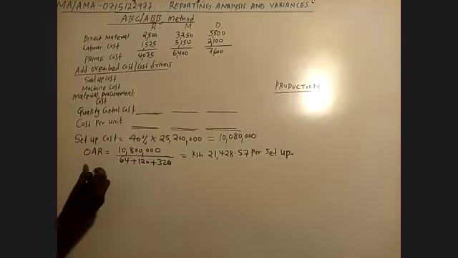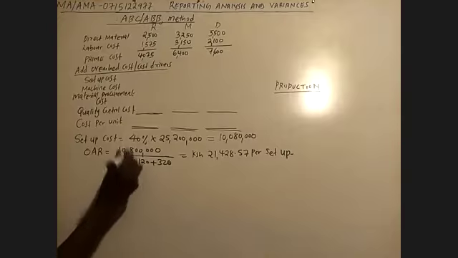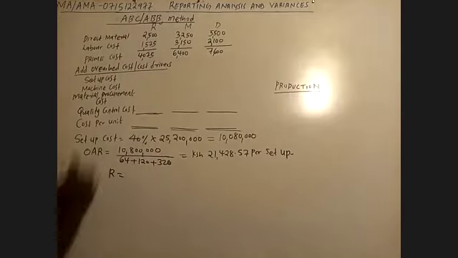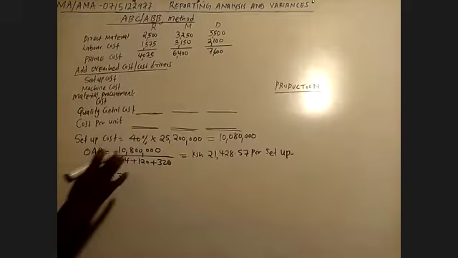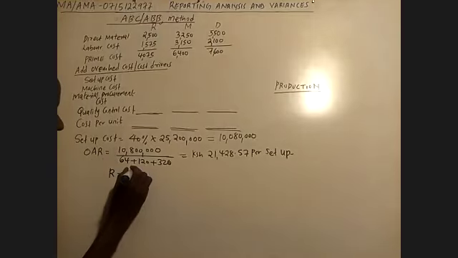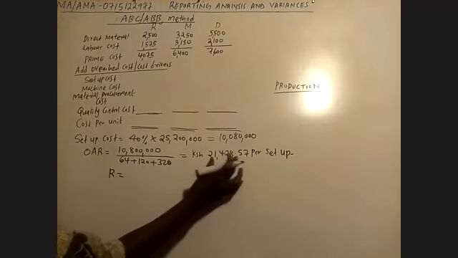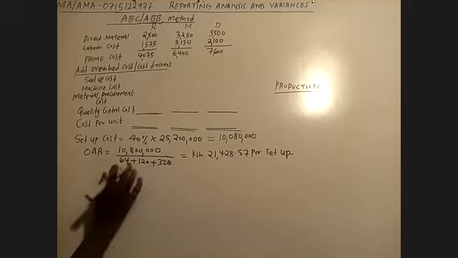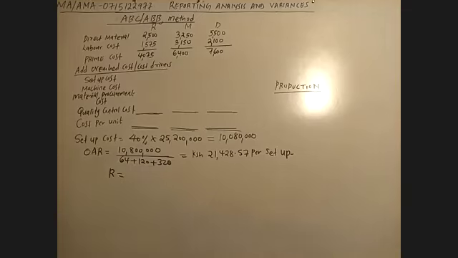Now let us find for R. And remember, we are supposed to put the information here per unit. Okay, let me ask. Is it 10,080 or is it 10,800? 0.4 times 25,200,000 is 10,080,000.